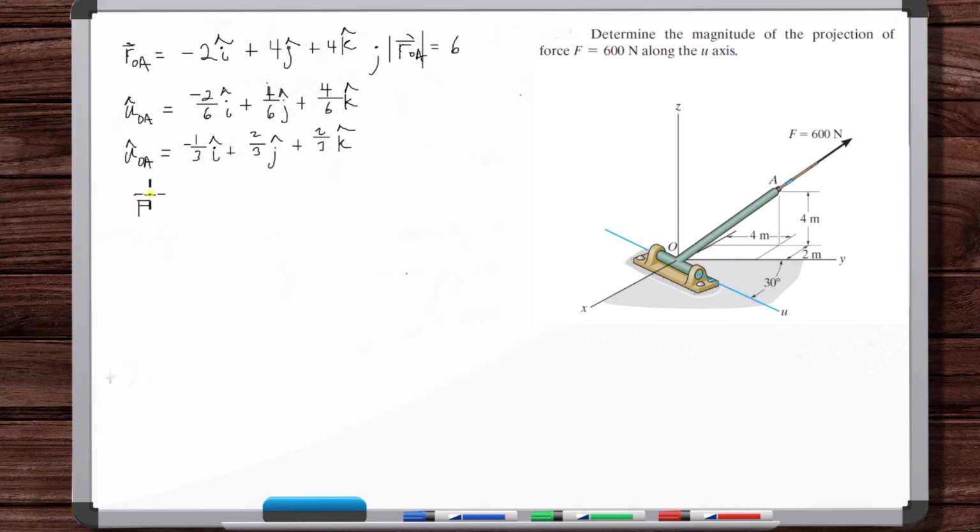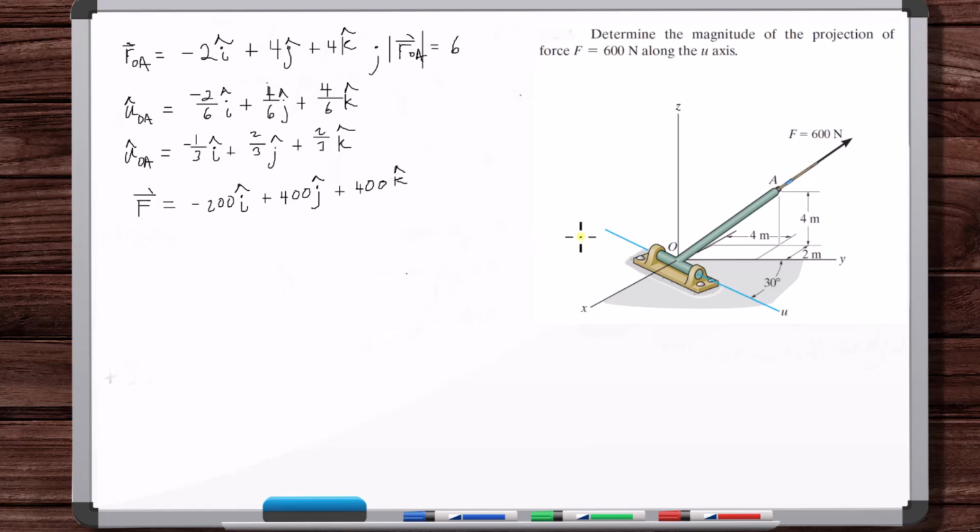So F as a vector is, just multiply this by 600. So 600 divided by 3 is 200. So that's force vector F.